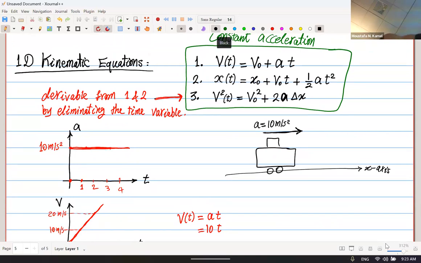We have initial velocity equal to 0, so the second term vanishes. We can assume it starts at position equals 0. It's just the definition of the origin, so we can place the origin at the beginning of its motion.